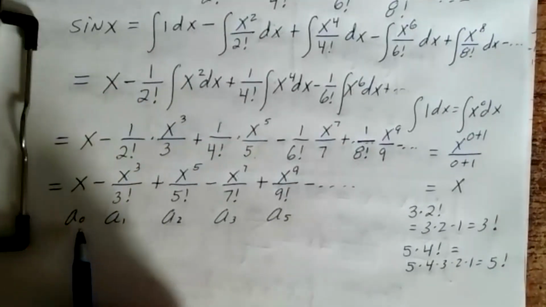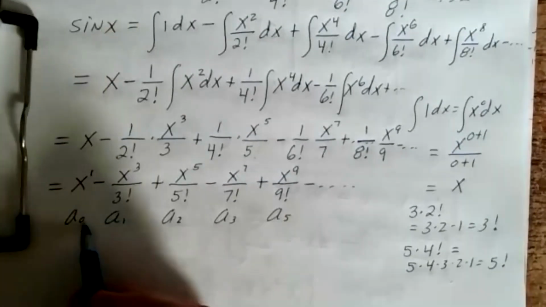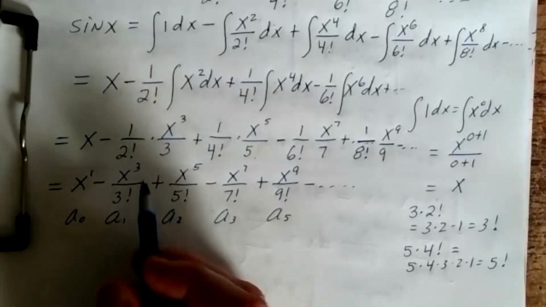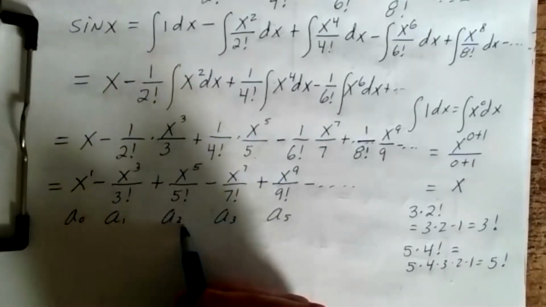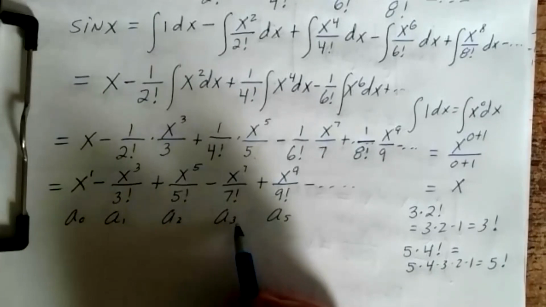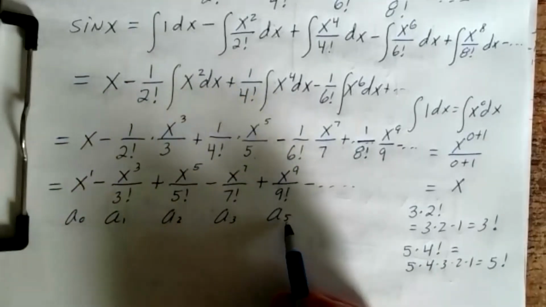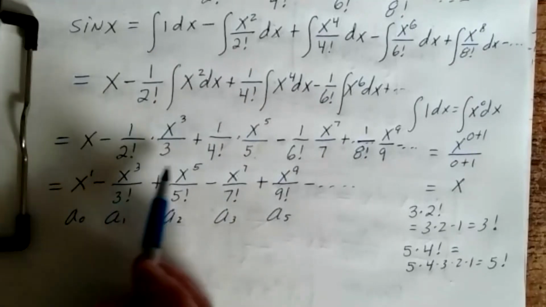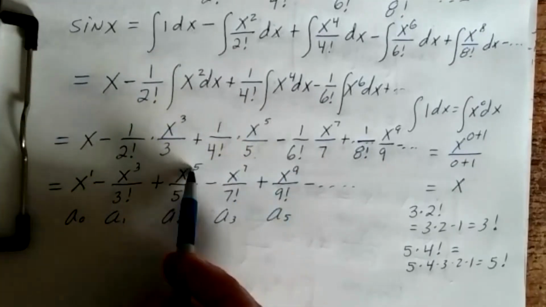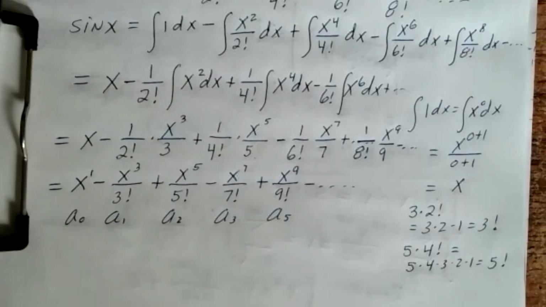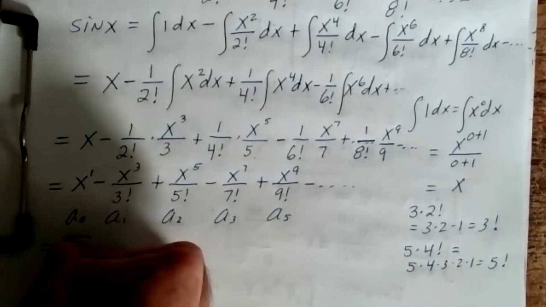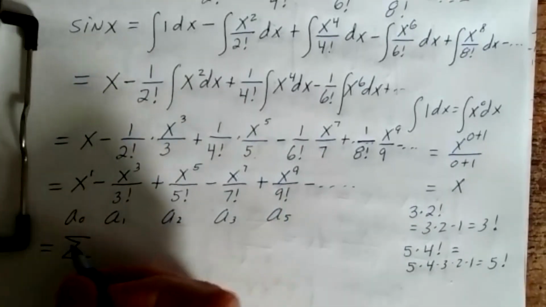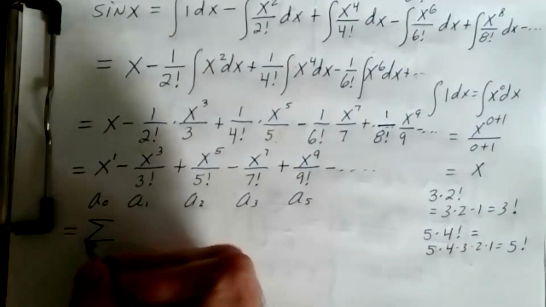What's the relationship between 0 and the exponent on x? 0 and 1, 1 and 3, 2 and 5, 3 and 7, 4 and 9. Do you agree that our exponent is always odd for all these powers of x? Always odd. So therefore, we can start to put together our power series notation for the sine of x.